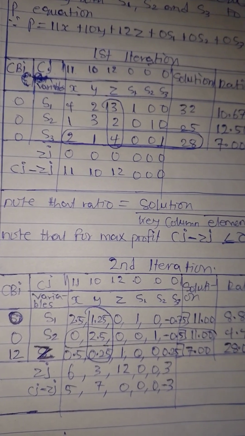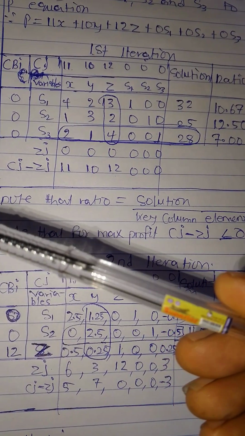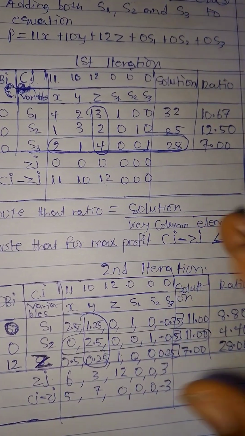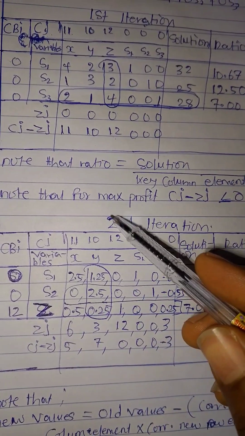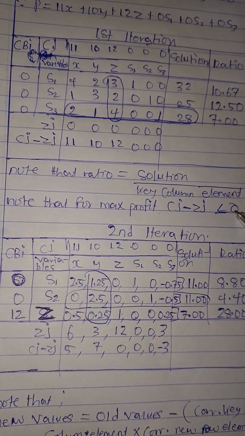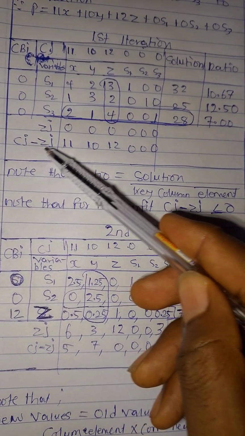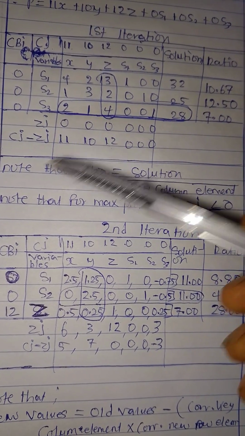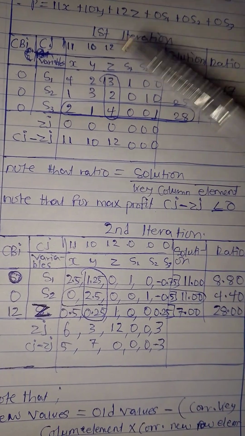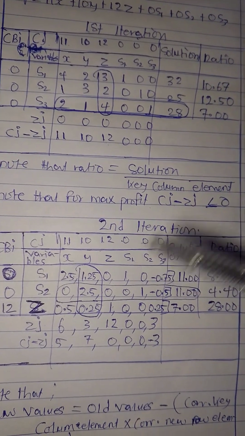That's why they say that for maximum profit, Cj minus Zj is always less than or equal to 0. So if you check here, I have 0, 0, and here I have a positive, so I have to do another iteration.